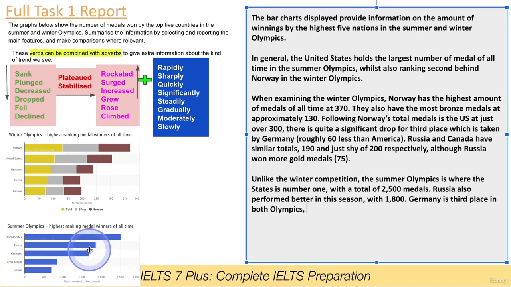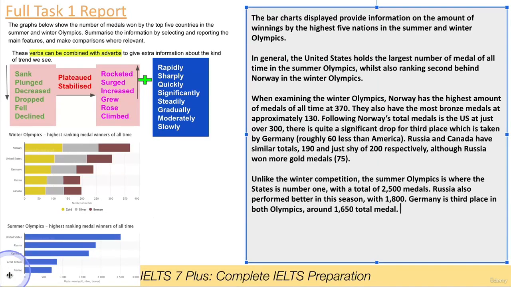Maybe around 1,650. We don't want to repeat ourselves too much, so around 1,650 total medals.